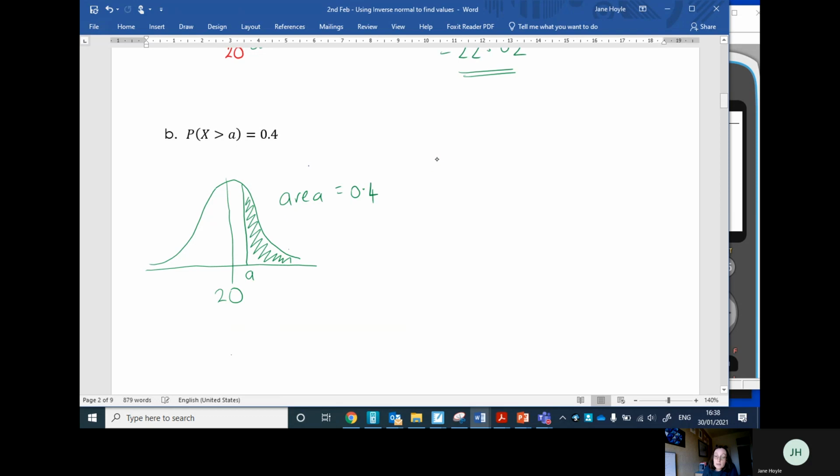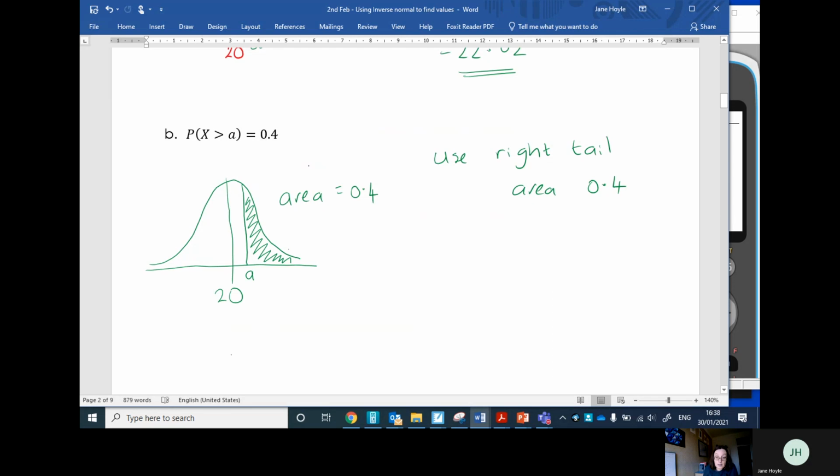So what we can do is use the right tail with an area of 0.4.